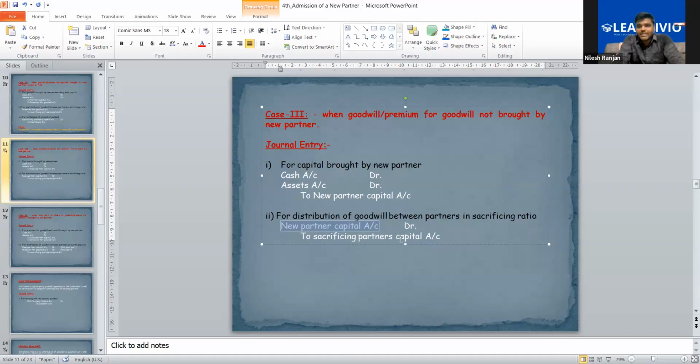So this is our case number 3. Tell me if you have any confusion in this part. Any doubt? I will solve some questions, but tell me right now that you understood the theory part, because without solving questions, it will be very difficult to understand.